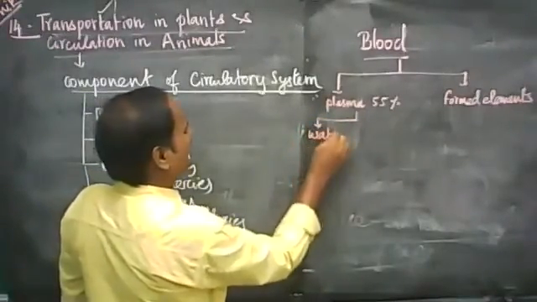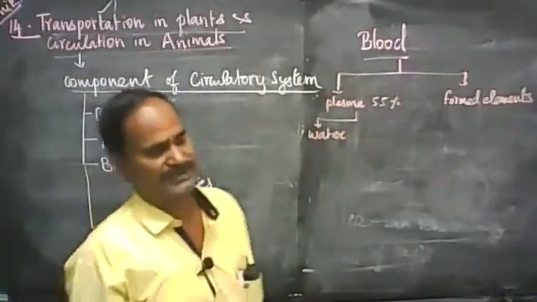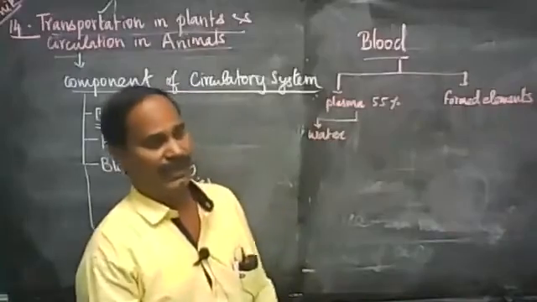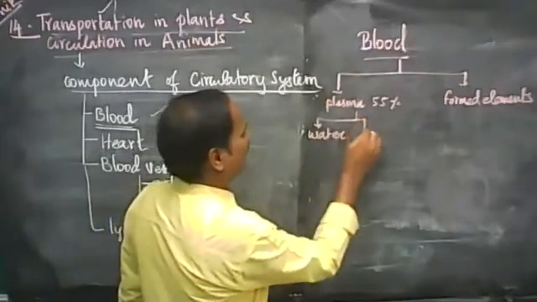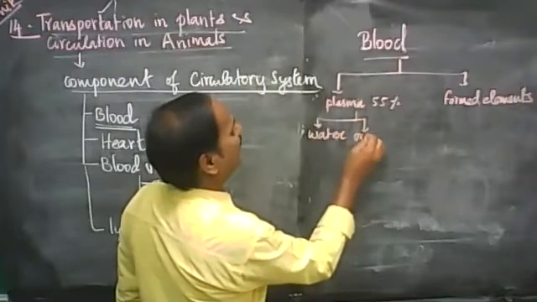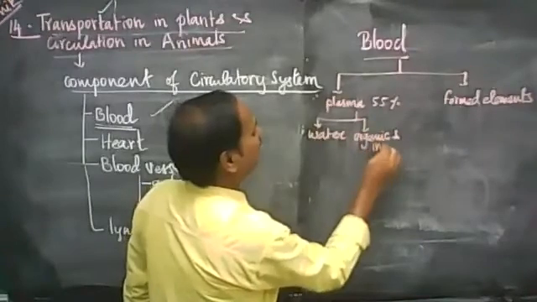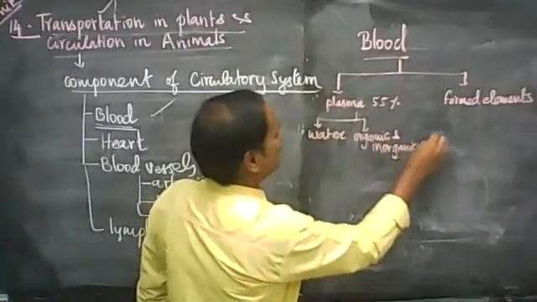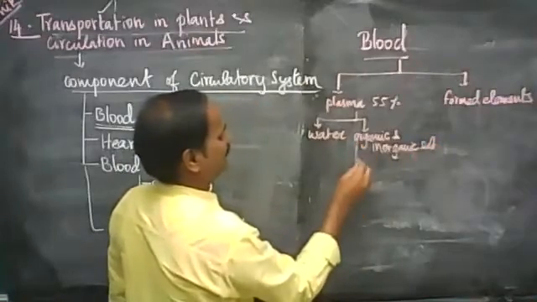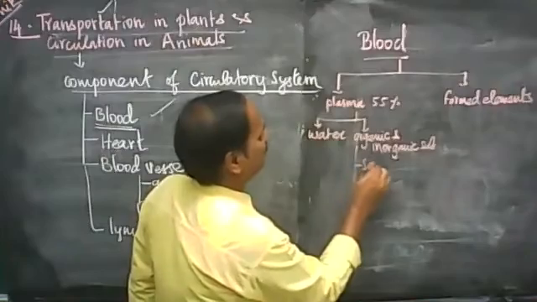Water ranges into 90%. Now the 55% should be converted into 100. In that part, 90% is water and the remaining things are organic and inorganic substances. The organic substances here are plasma proteins.